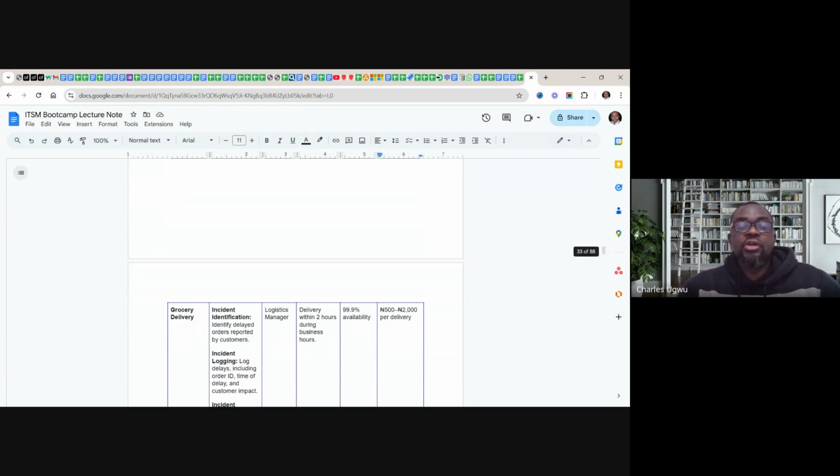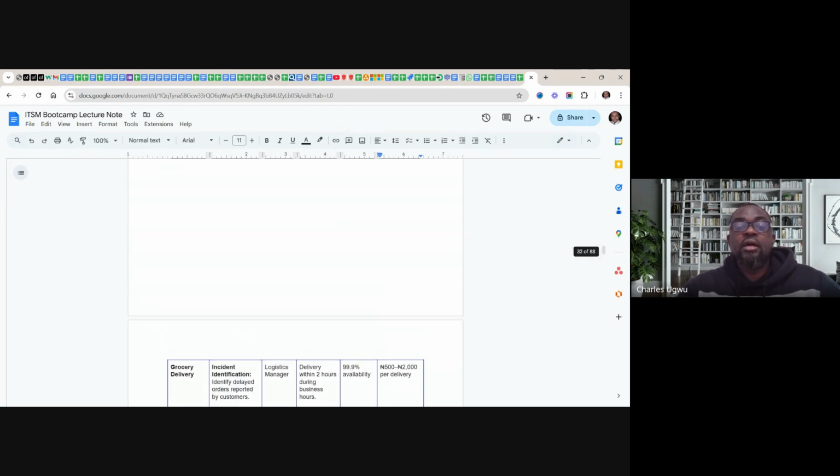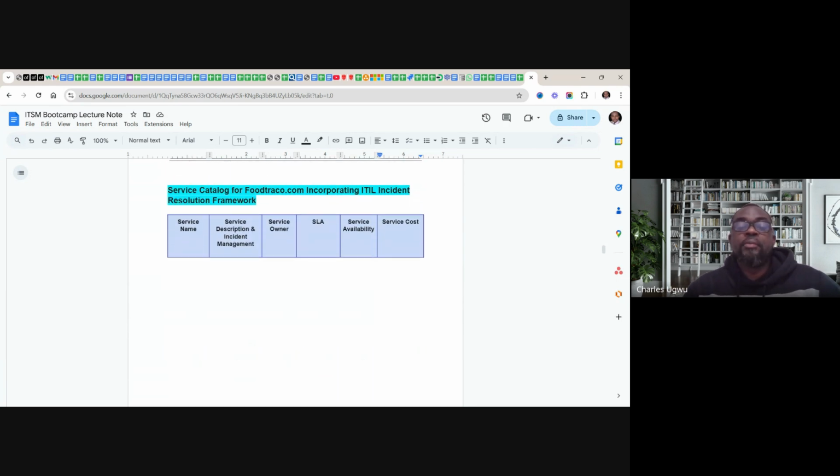During the resolution, although we say we captured it within the IT support, for every one of these services we need to capture all the service level agreements involved, both from the IT support and from the operations.